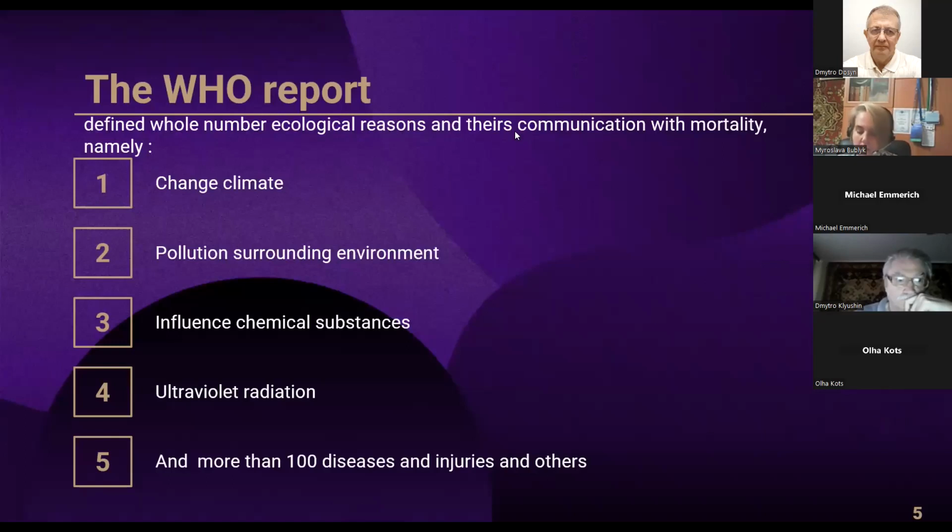The World Health Organization report defined a whole number of ecological reasons and their connection with mortality, namely pollution of the surrounding environment, influence of chemical substances, climate change, and ultraviolet radiation, more than 100 diseases and injuries, and air pollution.